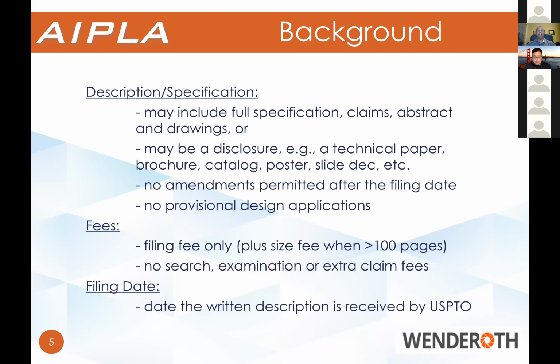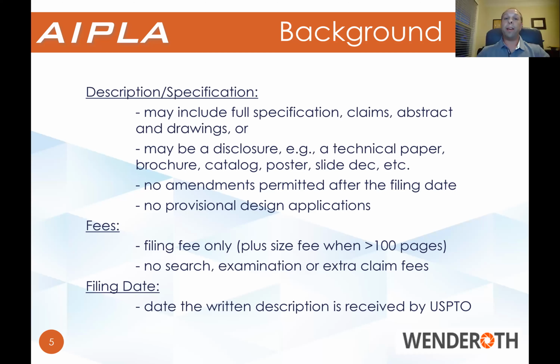If there's excess pages over 100, then you do need to pay an excess page fee. But there's no search fee, no examination fee, and no extra claim fees. So you can have claims in the provisional and you can have as many as you want, and there is no extra fee for that.